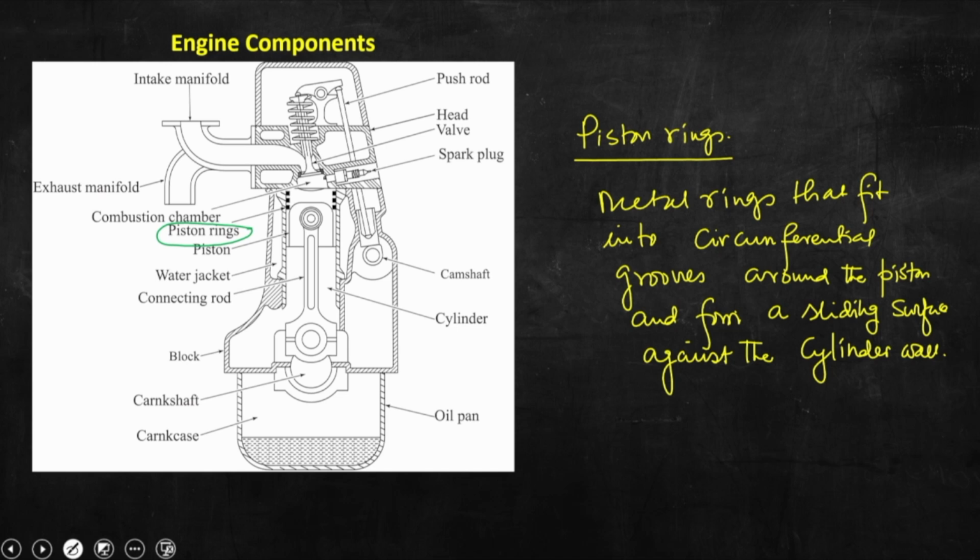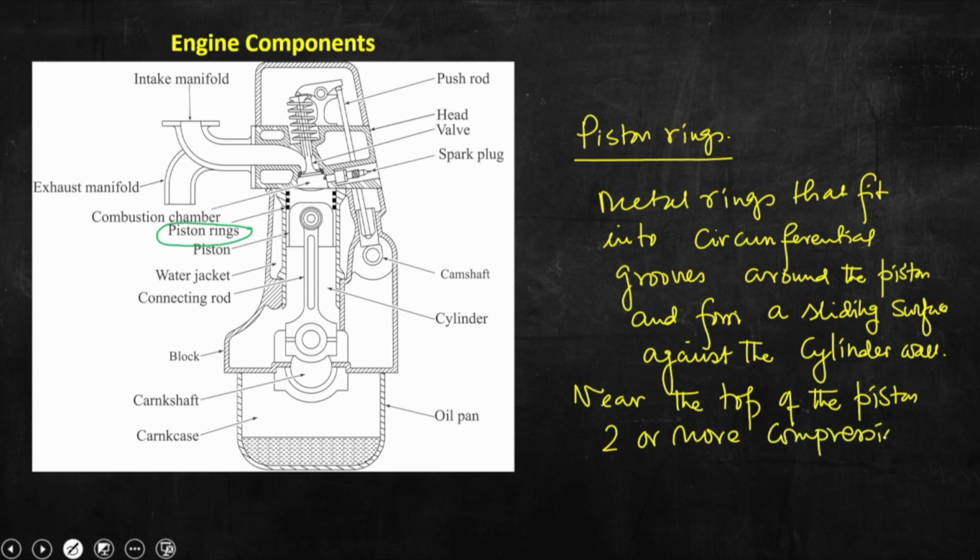Now, typically close to the top of the piston, 2 or more compression rings are provided, right.